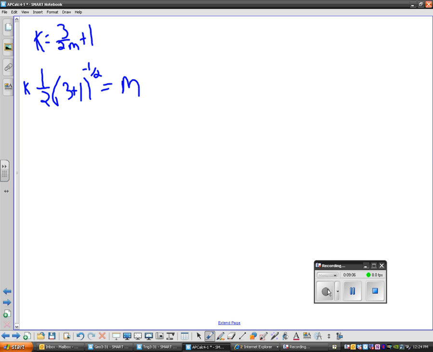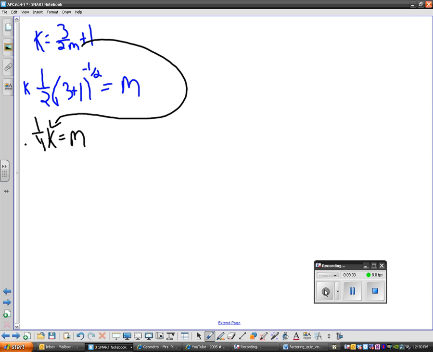What did I do? Okay, so let's solve for m. So 1/4 k equals m, and then we can just plug this in for k. So 1/4 times 3/2 m plus 1 equals m.